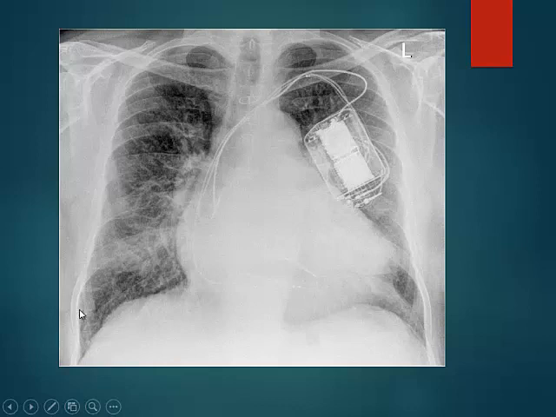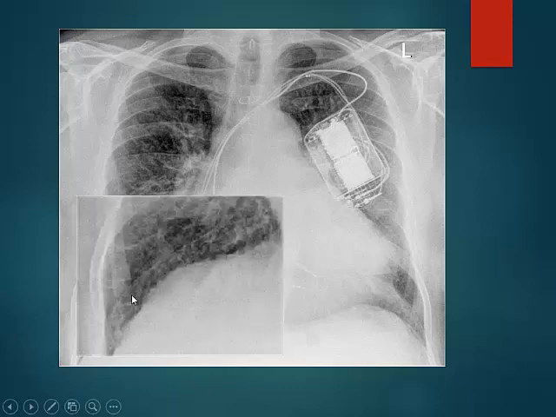If you look carefully, you can see some horizontal lines in the bases. They are called Kerley B lines, interlobular septal thickening that we see on the chest X-ray. These represent chronic raised interstitial pressure. It does not happen in acute situations, only in chronic situations.